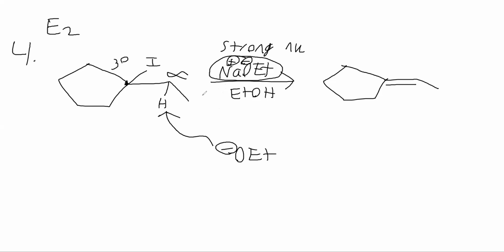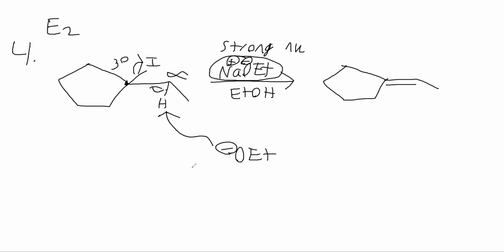We basically just take the electrons from the carbon-hydrogen bond and we use them to form the double bond. And if this is all we did, then this carbon here would have 1, 2, 3, 4, 5 bonds because of the double bond. So the leaving group has to leave. And that's it. It all happens in one step.